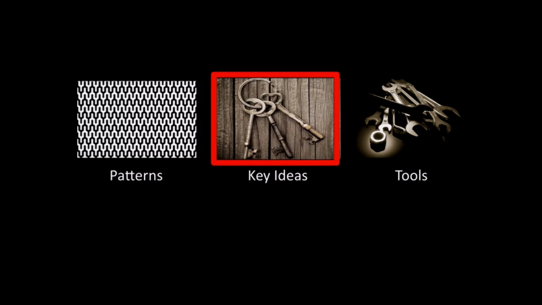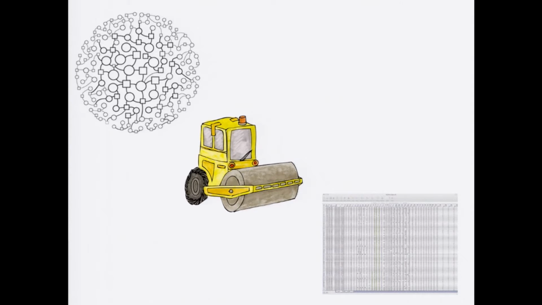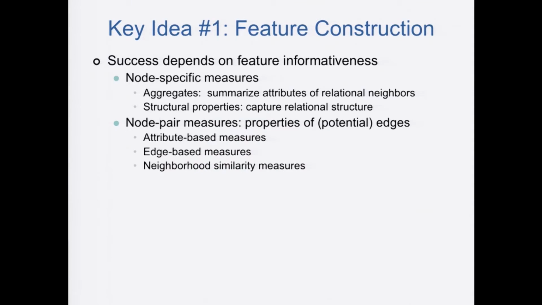So I want to talk really briefly about what I think are some key ideas that any approach that's going to deal with these graphy problems needs. And the first one has to do with that flattening bit. What is happening in that flattening? Usually you're constructing the features.